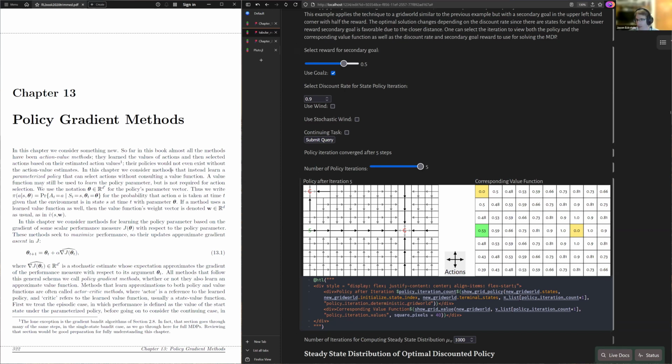So this is showing an example of using the policy improvement theorem to improve the policy. And in part two of the book, we're dealing with approximations. We're doing all the same things, but now instead of having a value function like this, where there's a finite state space and we have a value for every state, we have some function with parameters where the parameters control what the values are.